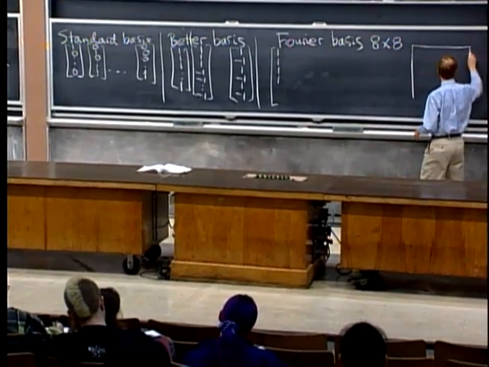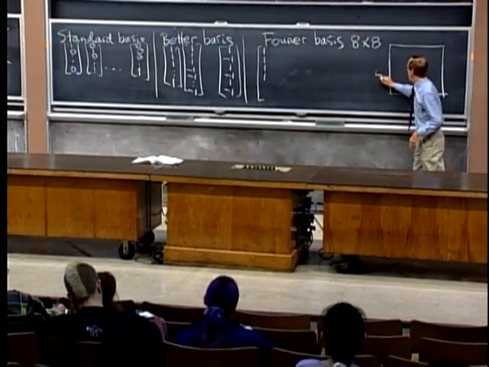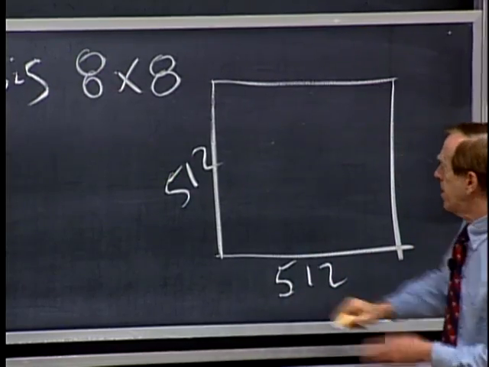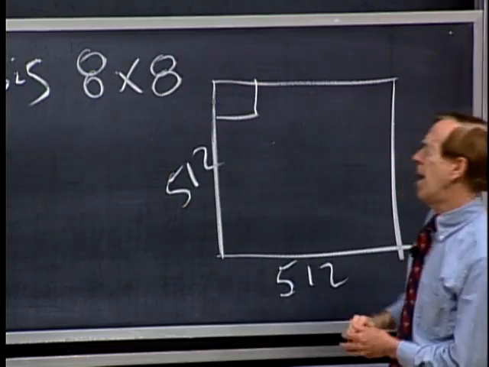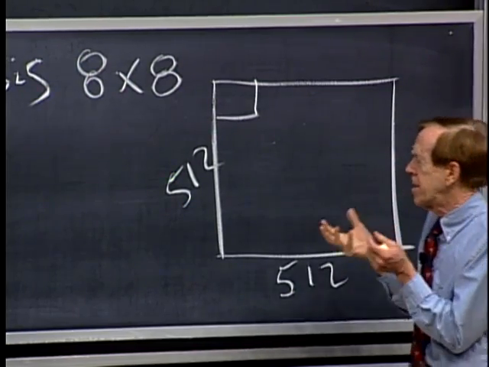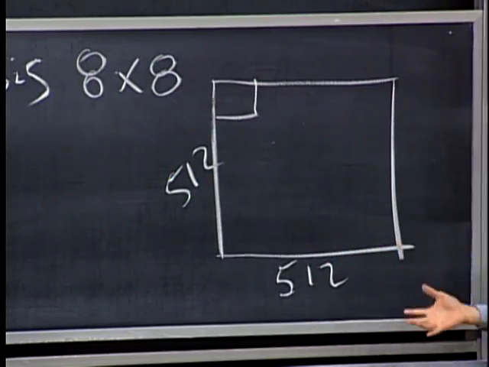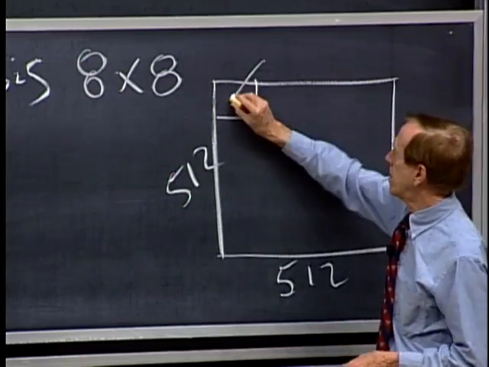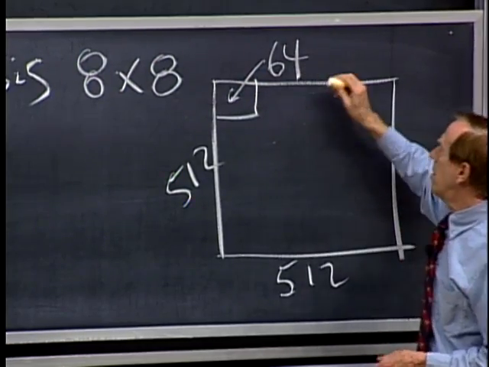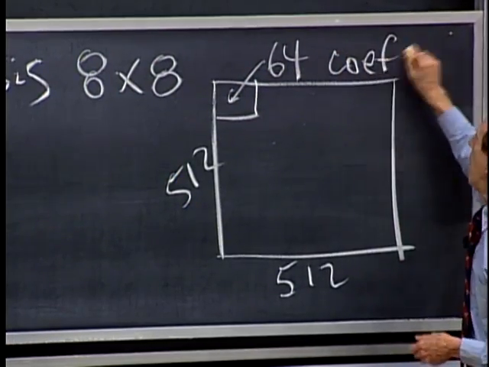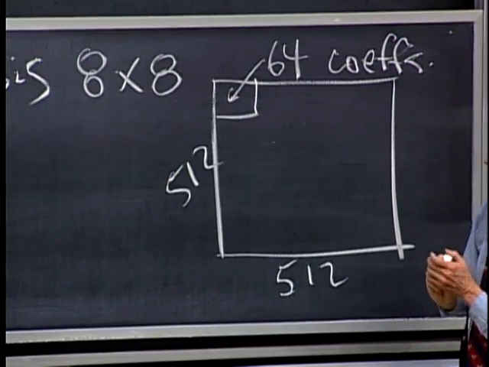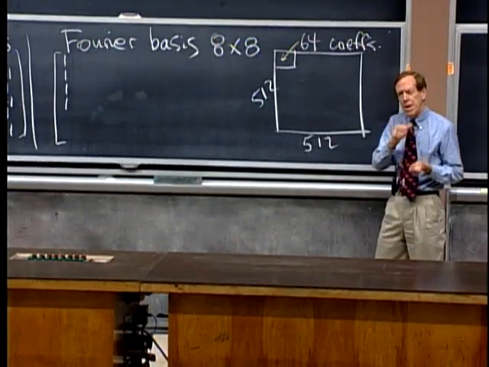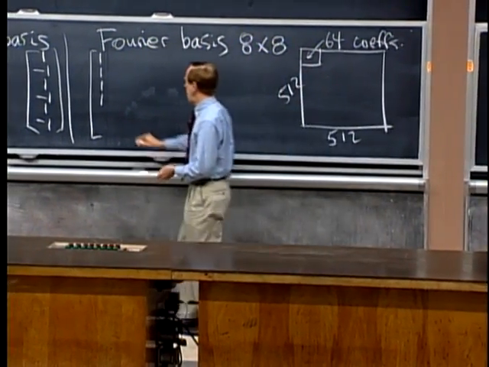I mean that the big signal, which is 512 by 512, gets broken down, and JPEG does this, into 8 by 8 blocks. And this is too much to deal with at once. So what JPEG does is take this 8 by 8 block, which is 64 pixels, and changes the basis on that piece. Now, I was going to write down Fourier.